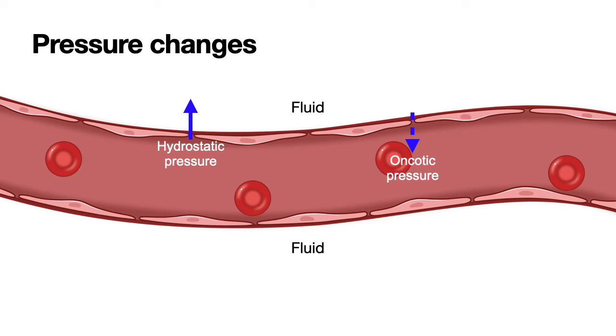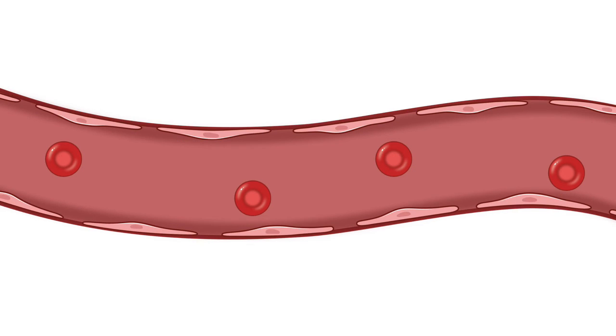With pressure changes, most of the fluid is free from heavy amounts of protein. It's just a transudate. On the other hand, when there is damage to the capillary, any form of injury or inflammation or cancer, there is capillary endothelial damage.